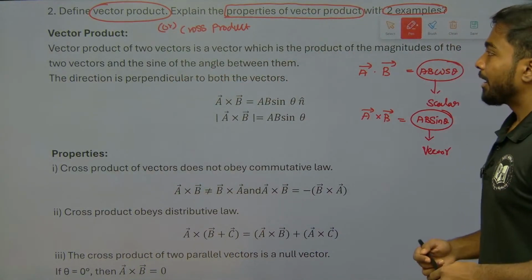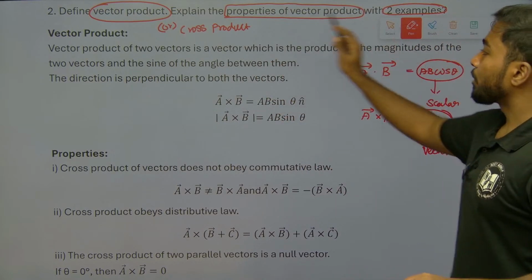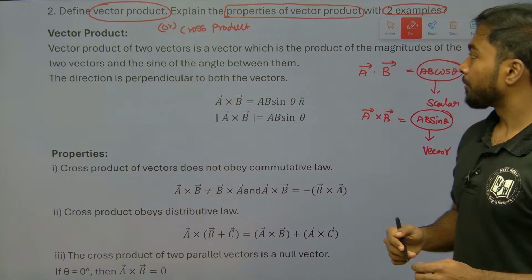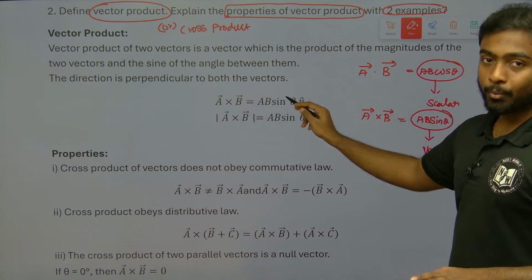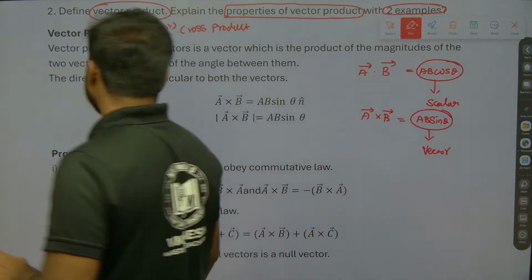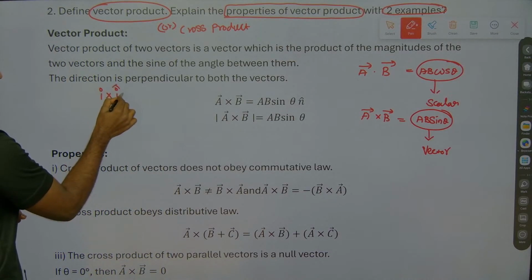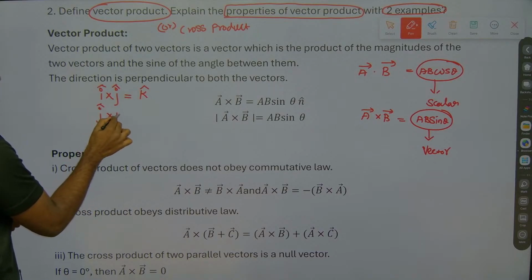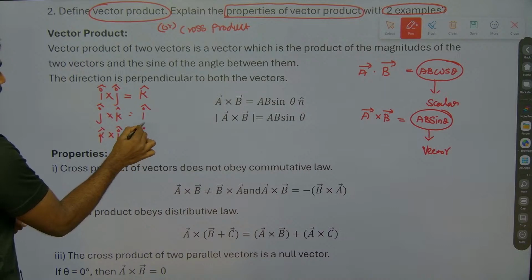Okay, so the vector product of two vectors is a vector which is the product of the magnitudes of the two vectors and the sine of the angle between them. The direction is perpendicular to both vectors, in the sense i cross j will be equal to k, j cross k will be equal to i, k cross i will be equal to j.